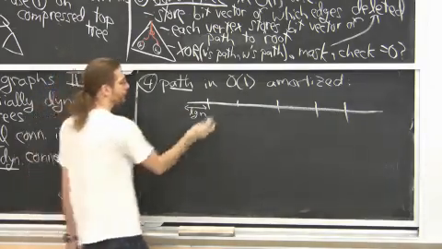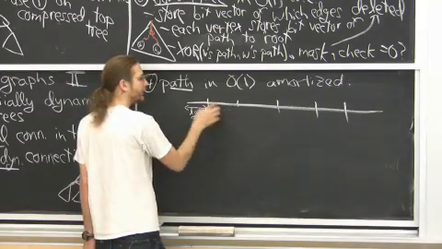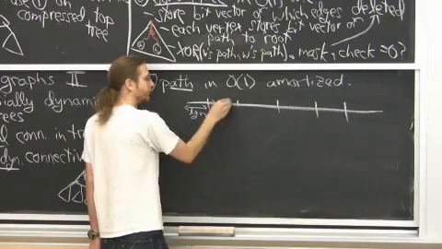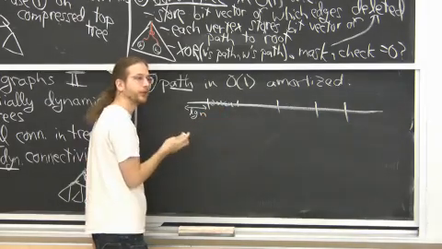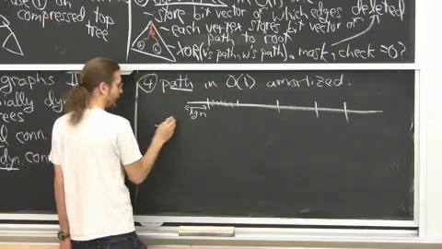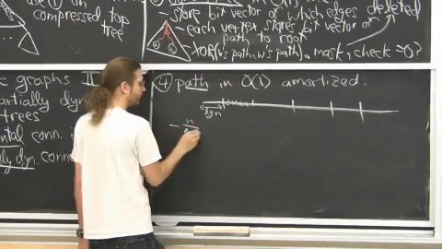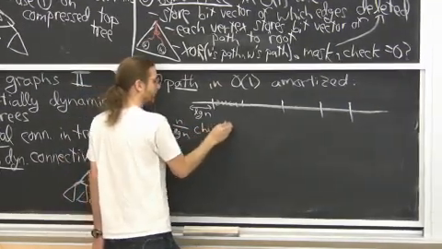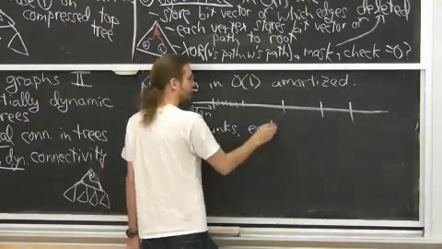So if I store a summary vector, we can think of these as being 0, 1, 0, 1, whatever, where the 1s mean this edge has been deleted, 0 means it hasn't been deleted. So all right, let me write n over log n chunks, each log n edges.